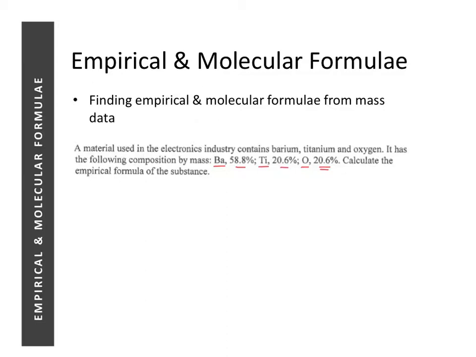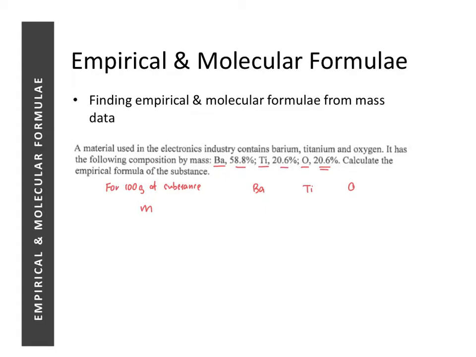So how do we handle percentages? When you're given mass data in terms of percentages, the trick to converting to mass is this. You can do this for 100 grams of substance. For 100 grams of substance, again you write down the 3 elements involved.